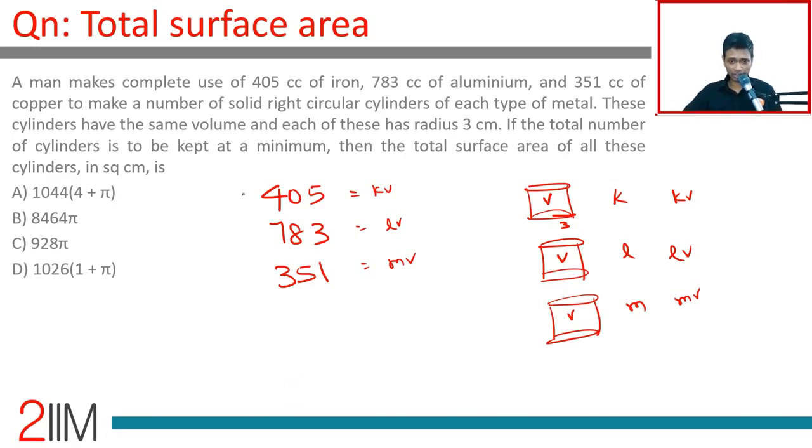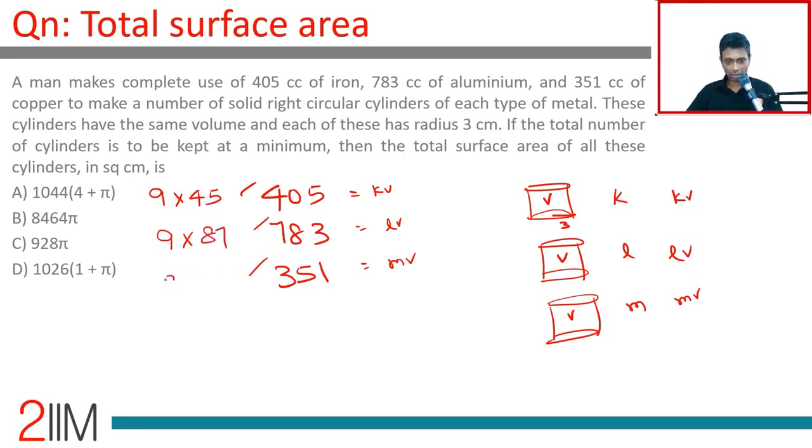This is a multiple of 9. This is a multiple of 9. This is a multiple of 9. 7 plus 8, 15 plus 3, 18. 8 plus 1, 9. 4 plus 5, 9. So we can carve out a 9. This is 9 into 45. Here also we can carve out a 9: 9 into 87.